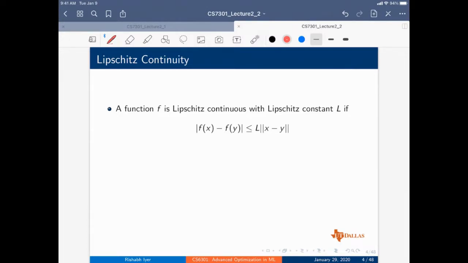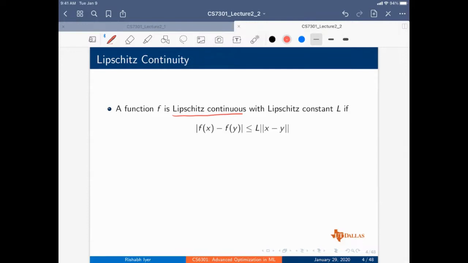Okay, so we'll recap now and define one more quantity called Lipschitz continuity. We have not studied this quantity yet. Lipschitz continuity is a constant that says how much the function changes with respect to a linear function, just x minus y.